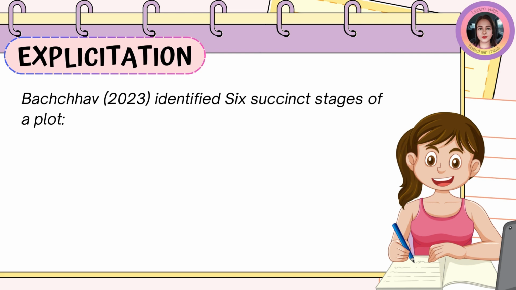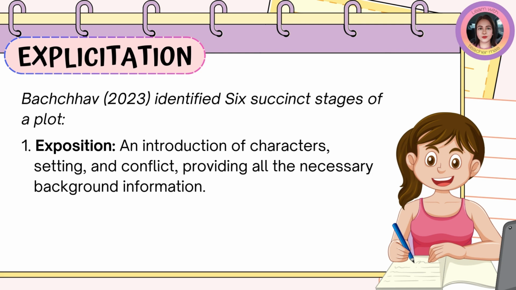Batch of 2023 identified 6 succinct stages of a plot. Number 1, exposition, an introduction of characters, setting, and conflict, providing all the necessary background information.